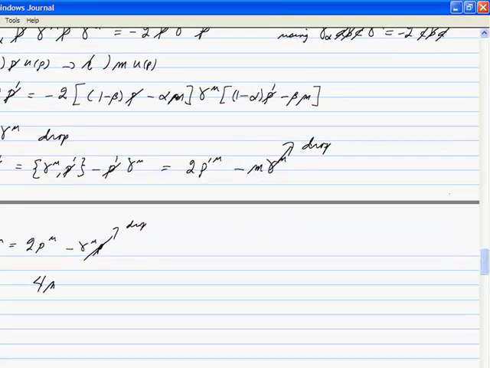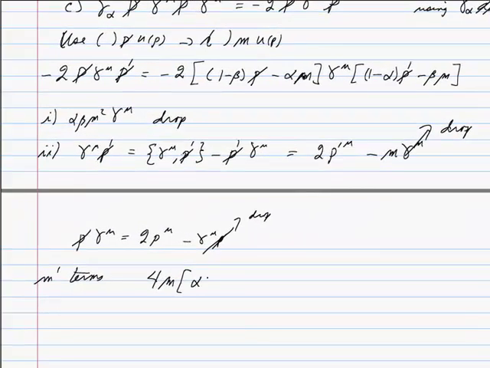Is 4m alpha 1 minus alpha p prime mu plus beta 1 minus beta p mu.